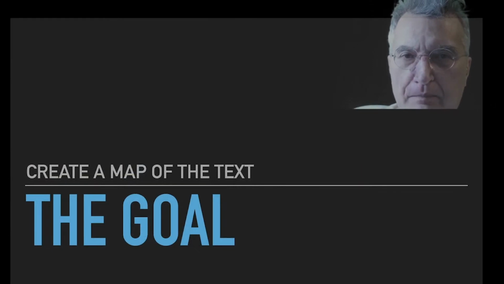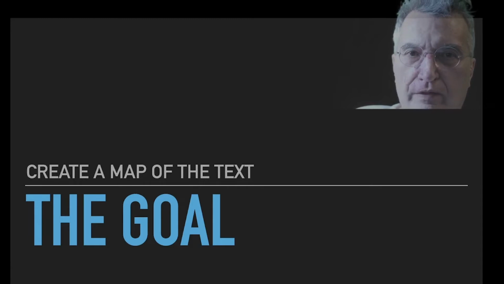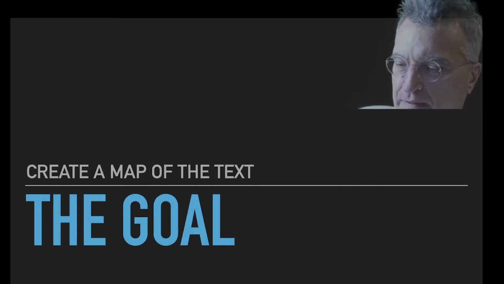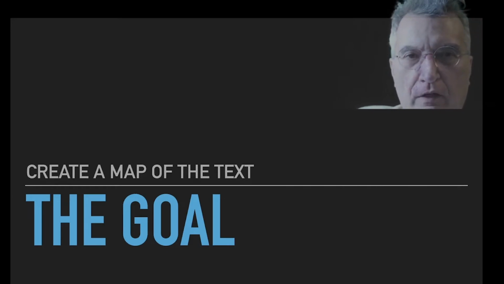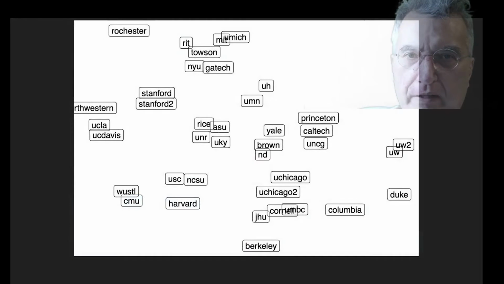And by a map, I mean a picture of the similarity between pieces of text, the distances between pieces of text. Let me make this a little bit more concrete by showing you a map that I made of a bunch of websites of disability services offices on college campuses.